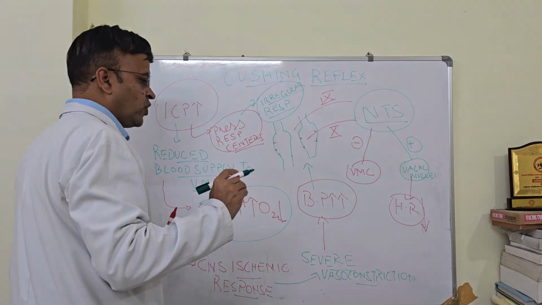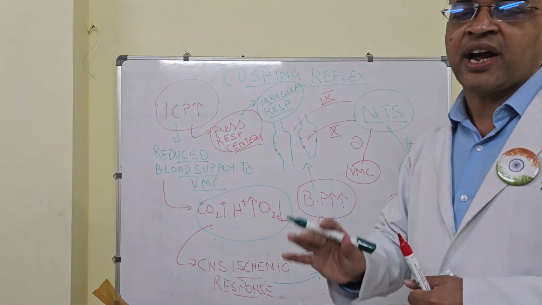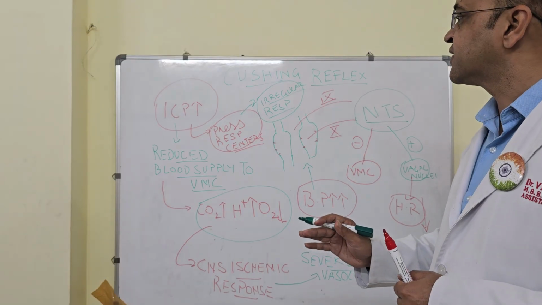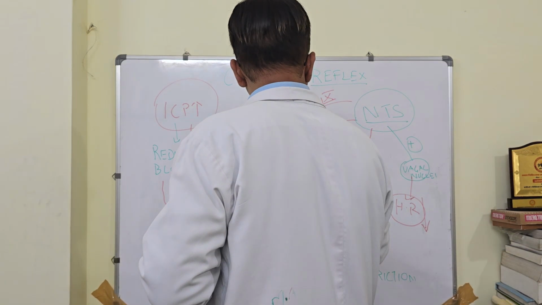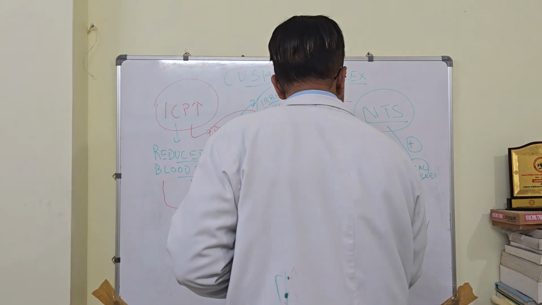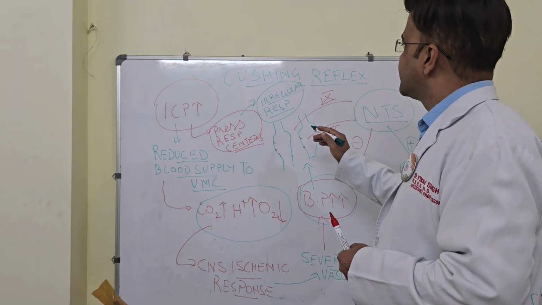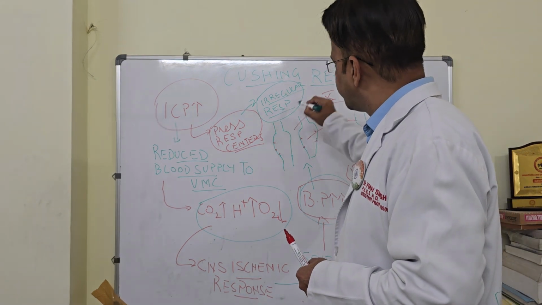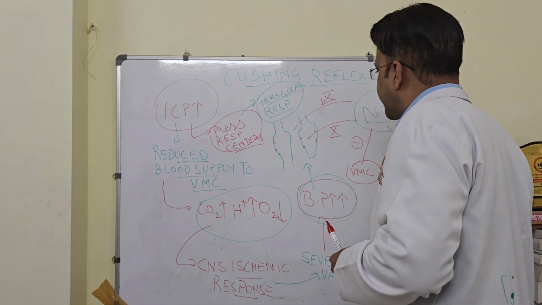So, if an examiner asks what exactly is triad of Cushing reflex, then you will say this: irregular respiration, increase in blood pressure, and bradycardia. So triad of Cushing reflex is irregular respiration, increase in blood pressure, and bradycardia.